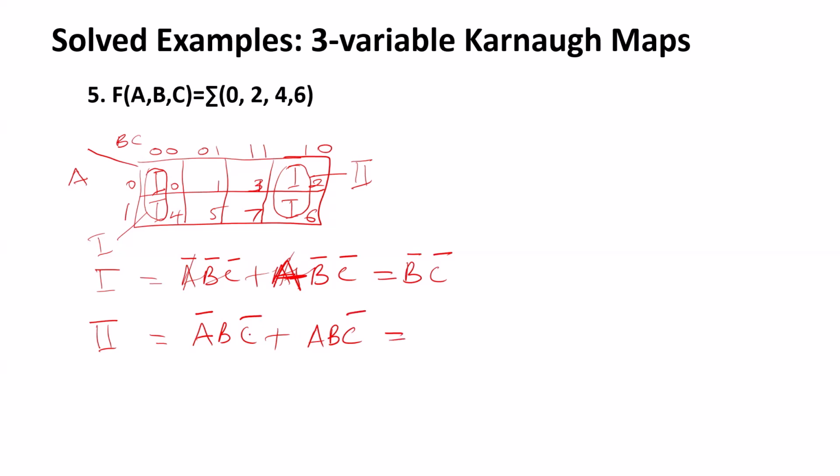And this gives us, A bar we cancel A, we have B, C bar. So our output is equal to B bar, C bar plus B, C bar, and because we have B bar and B, this gives us C bar.